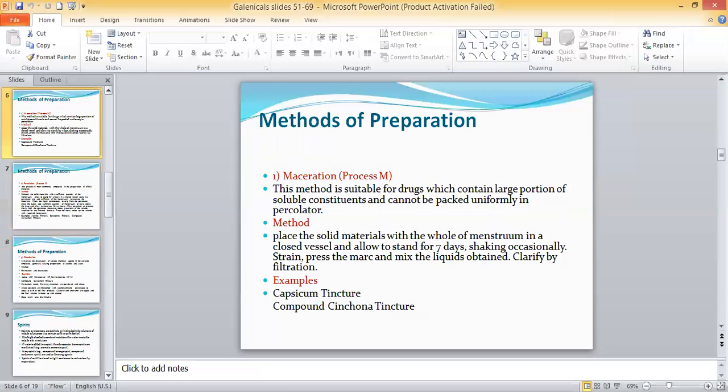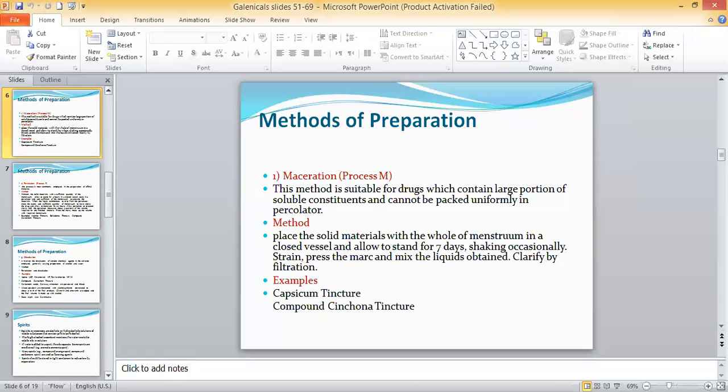Maceration. Tinctures are prepared by the maceration process. In this process, the drugs are divided into small parts, and then the menstruum is placed on it. Suitable drugs are those which contain a large portion of soluble constituents and cannot be packed uniformly in percolators.